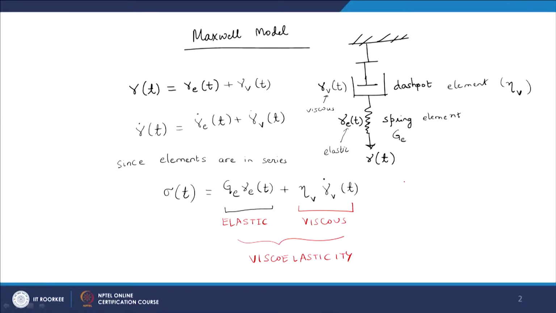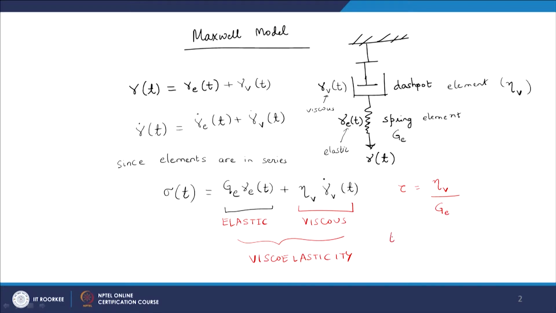So, what we can note here is I can define a time constant tau that will be a ratio of the viscosity of the viscous element, the dashpot element, and the modulus of the elastic element.